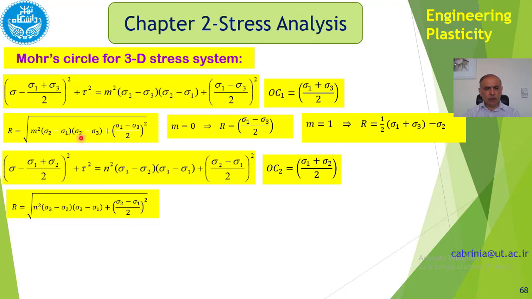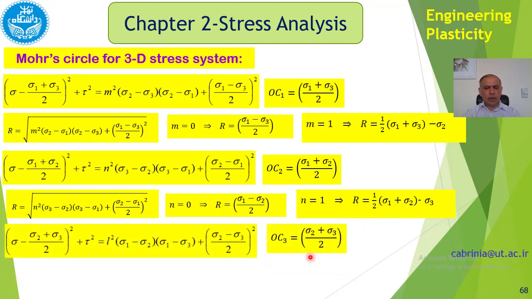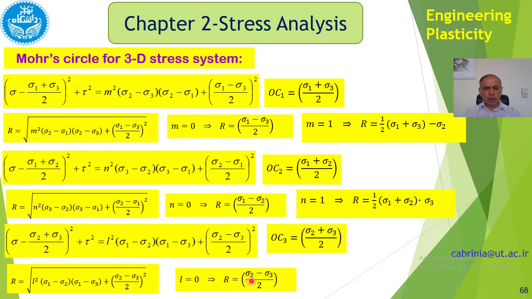It's very similar, but of course the sigmas are changed. If you put n equal to 0, that becomes 0, and we get sigma 2 minus sigma 1 divided by 2. If we put n equal to 1, then rearrange these, we get this. Similarly, we get OC3 for this relationship, and for l equal to 0 the radius becomes equal to that, and for l equal to 1 the radius becomes that, right?